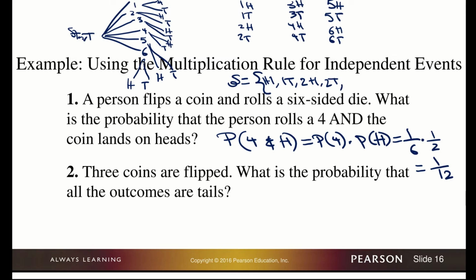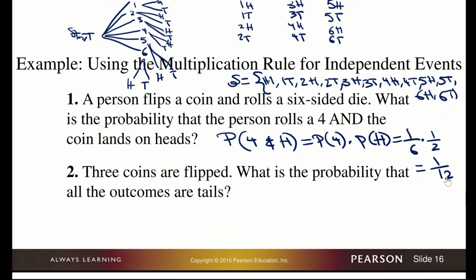I should have done this from the beginning, but doesn't matter. 3H, 3T, 4H, 4T, 5H, 5T, and then 6H, 6T, right? So notice that 4H, which is what we're considering here, a 4 being the result of the die roll and heads being the result of the coin flip, is only one possibility out of how many?